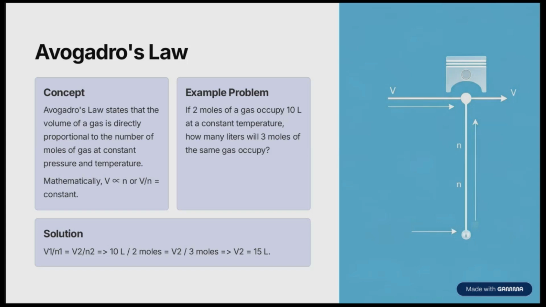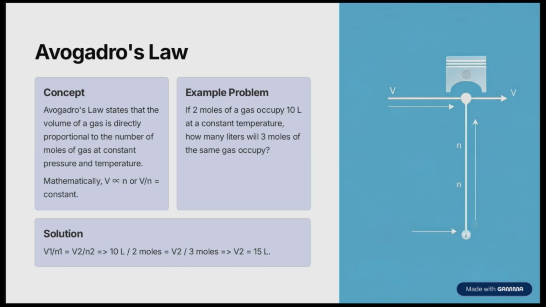Like that of Avogadro, the question is equated to R, n, T, where R is the constant, Avogadro's constant. So if we write anything like V1 over N1 equals V2 over N2, they won't accept it from us. No.